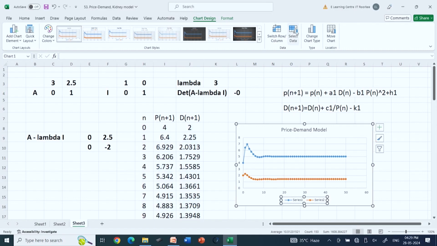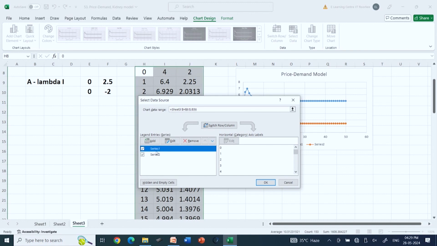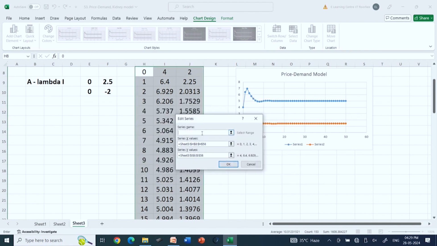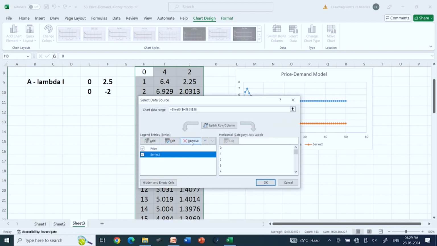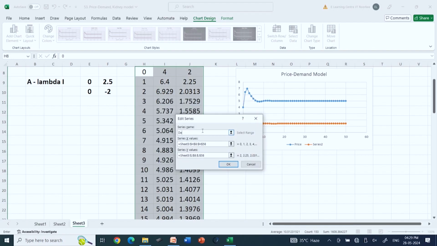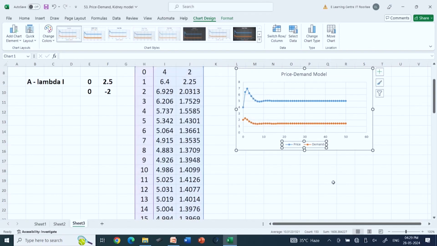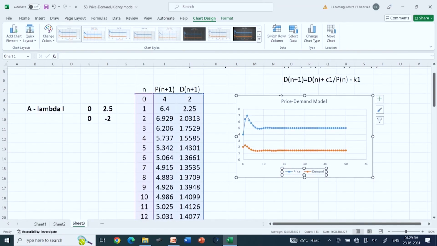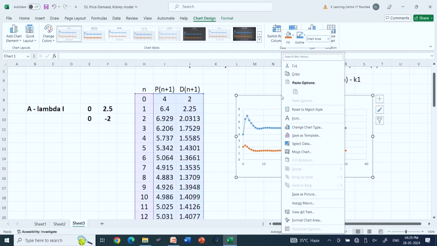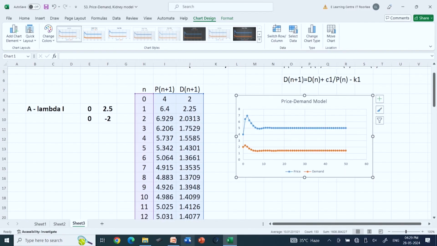For the series, I go to Select Data, Series 1, Edit, I just write price, and Series 2, Edit, I just write demand. So you get this curve, and sometimes if you want to copy this curve, right click, copy, go to your slides and paste. Well, let's keep it like this.